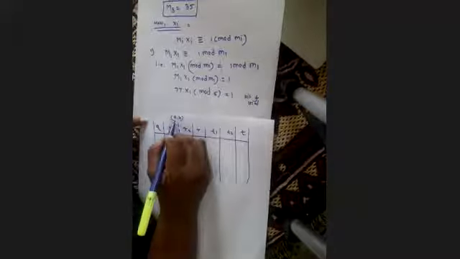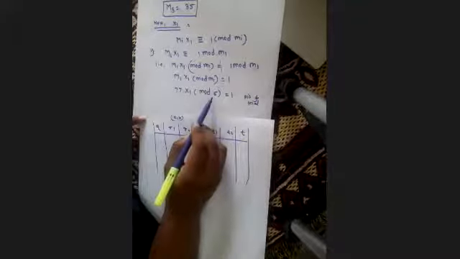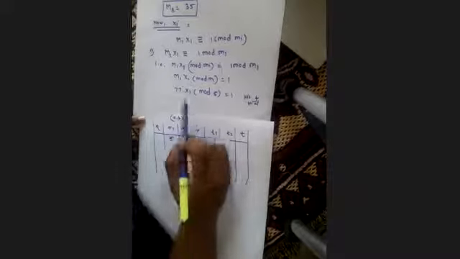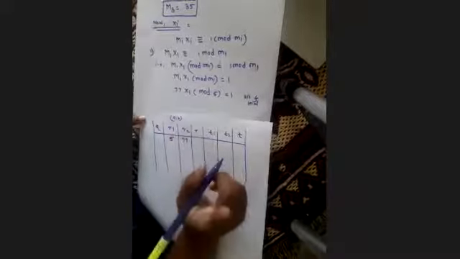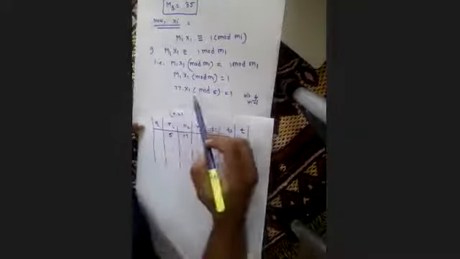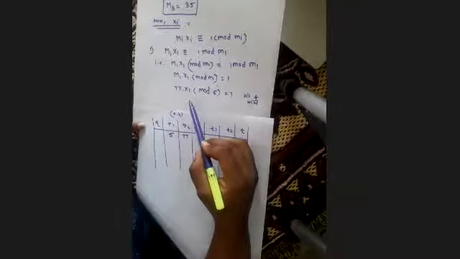Here your A will be whatever the mod value is given, so here we have 5, then R2 will be your capital M1 that is 77, always remember.